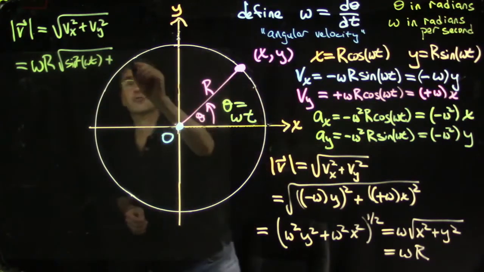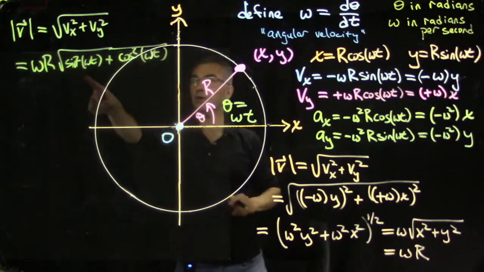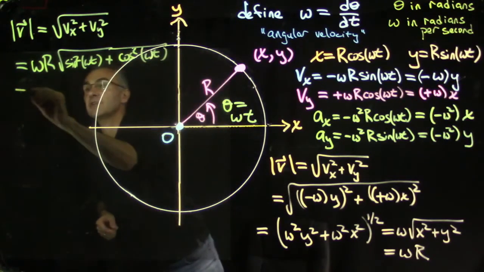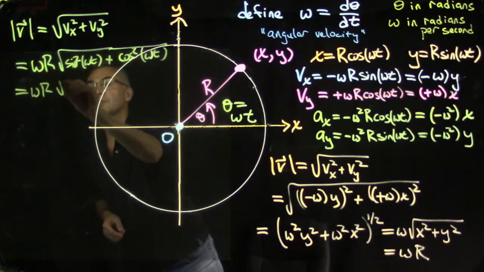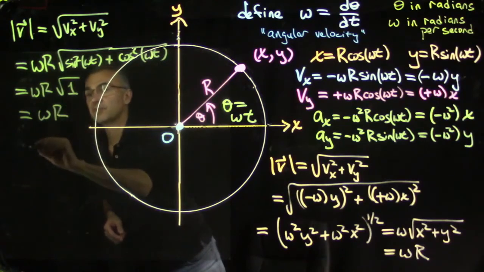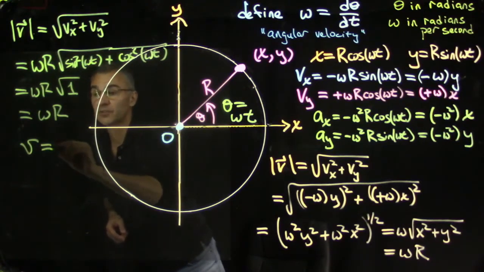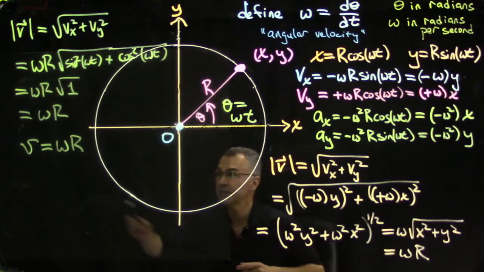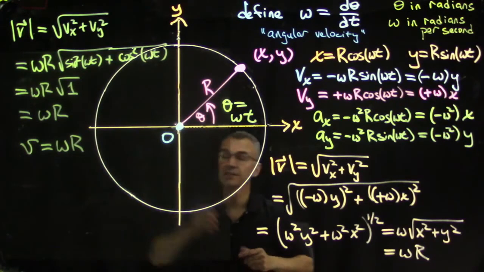Sine squared plus cosine squared of the same angle equals 1. So this is omega r times the square root of 1, which is just omega r. So this tells us that the magnitude of the velocity, which is just the speed, is omega times r. So the speed is the angular velocity times the radius.